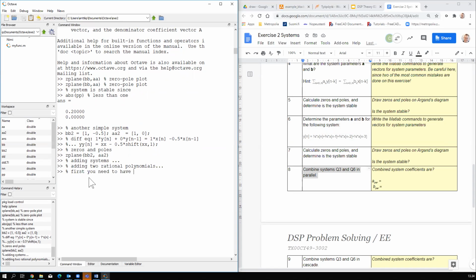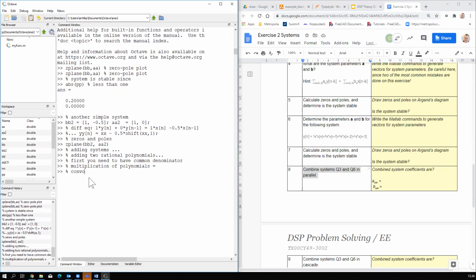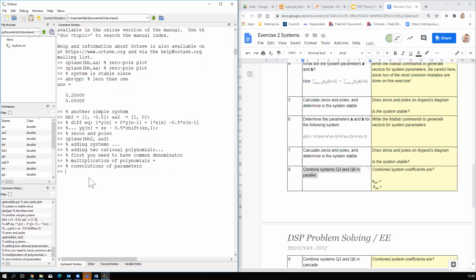The common denominator is basically what you get when you multiply the denominators together, and multiplication of polynomials is the same as convolution of parameters, or convolution of coefficients.